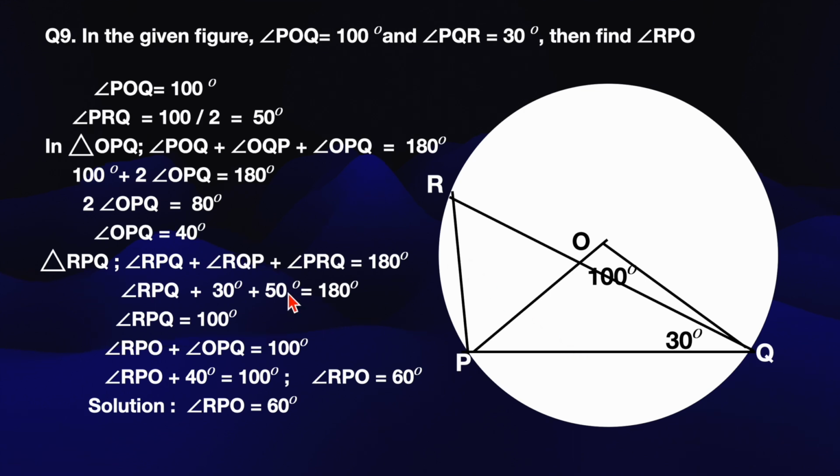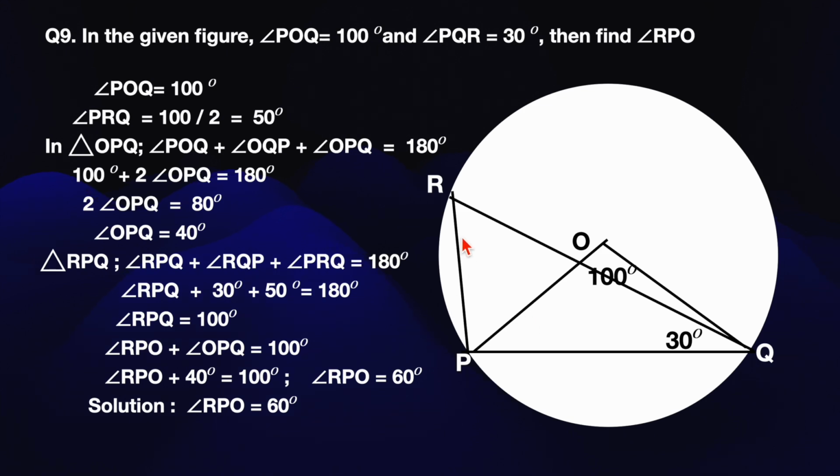Now take the big triangle, this one, RPQ. This angle we know is 50. This angle is 30, which is given. So 50 plus 30 plus this angle, which is equal to this 40 plus the required angle. All of this, when you add together, should give you 180.